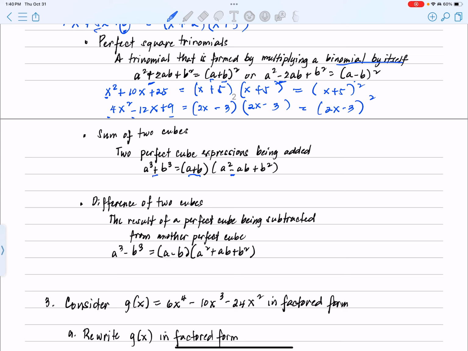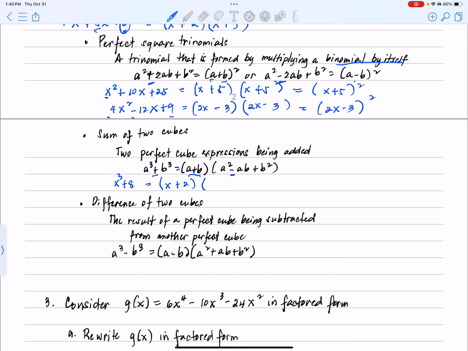Okay? So for example, I have x cubed plus 8. 8 is a perfect cube. That means 2 times 2 times 2. That means x plus 2. That is your cube root of 8.